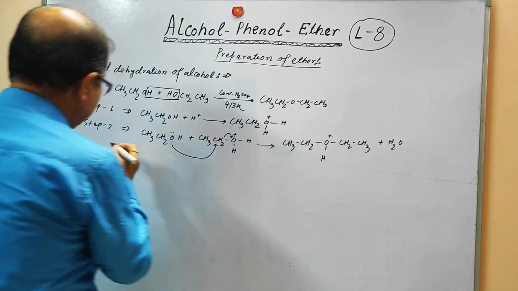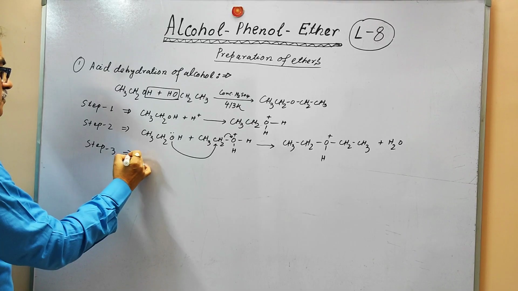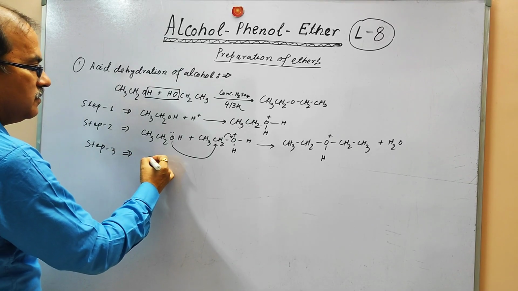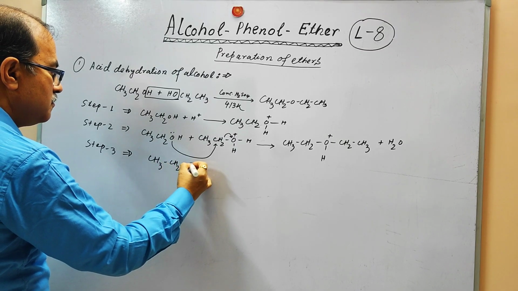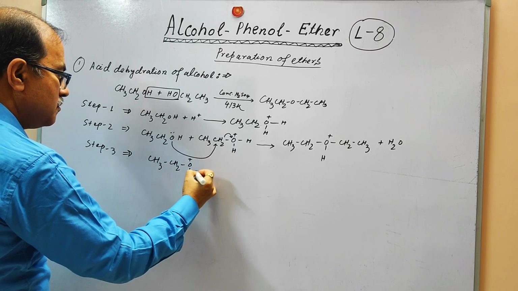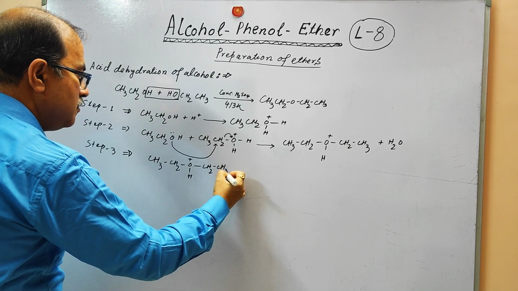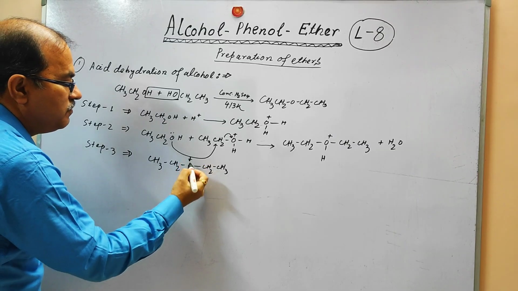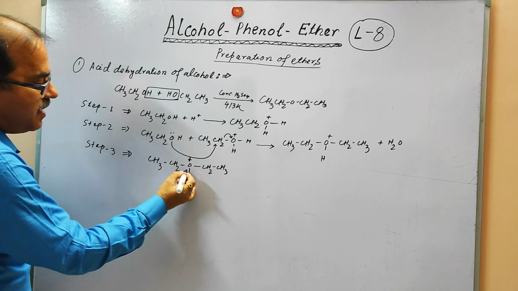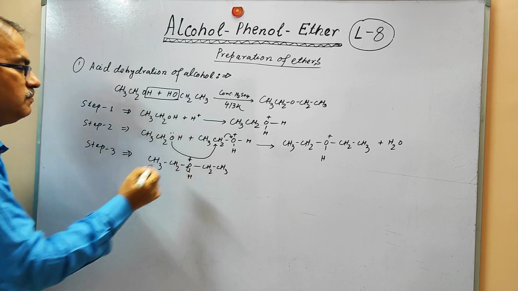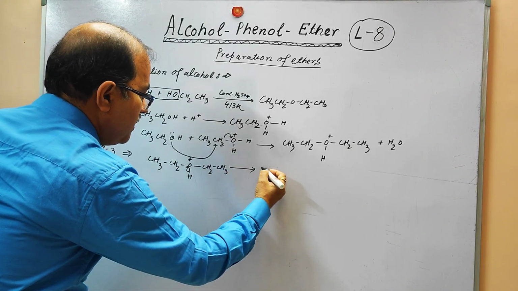Now that is the third and last step, step 3, the deprotonation. In this step, as the oxygen is positively charged, the electrons from this OH bond are taken by this positively charged oxygen atom, and it will become the ether.